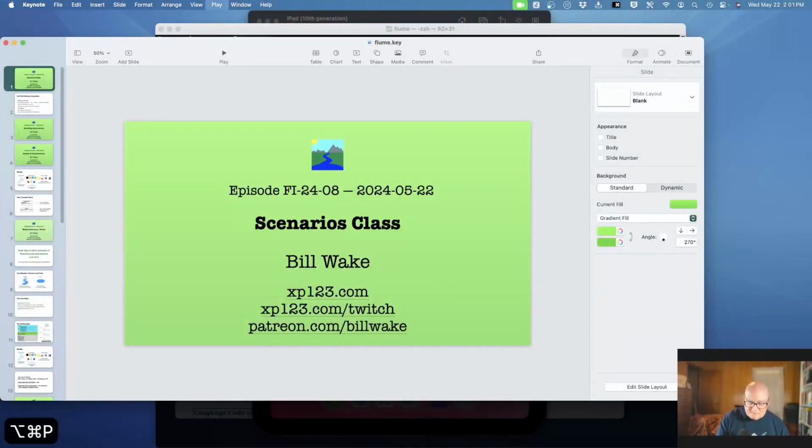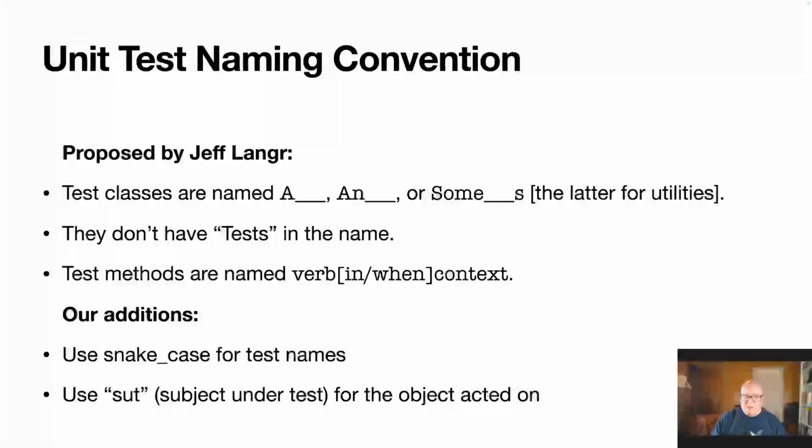Oh, I did capture notes. So we've updated our unit testing. I'm trying to be a little more consistent about it. We had already adopted some rules that Jeff Langer proposed: name test classes a something and something, or some somethings, and we don't put tests in the class name. And test methods, we name them verb and then in or when or whatever context.